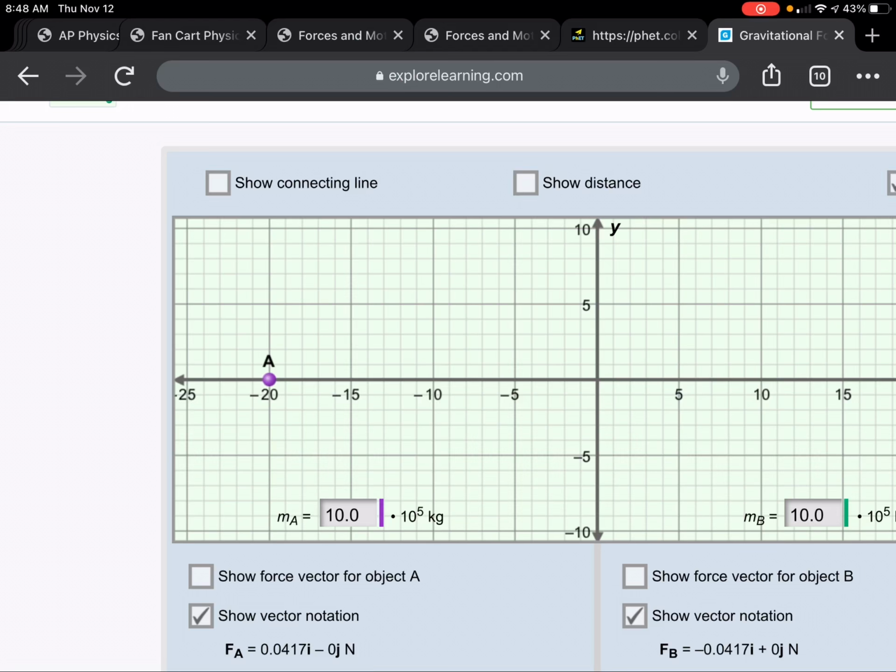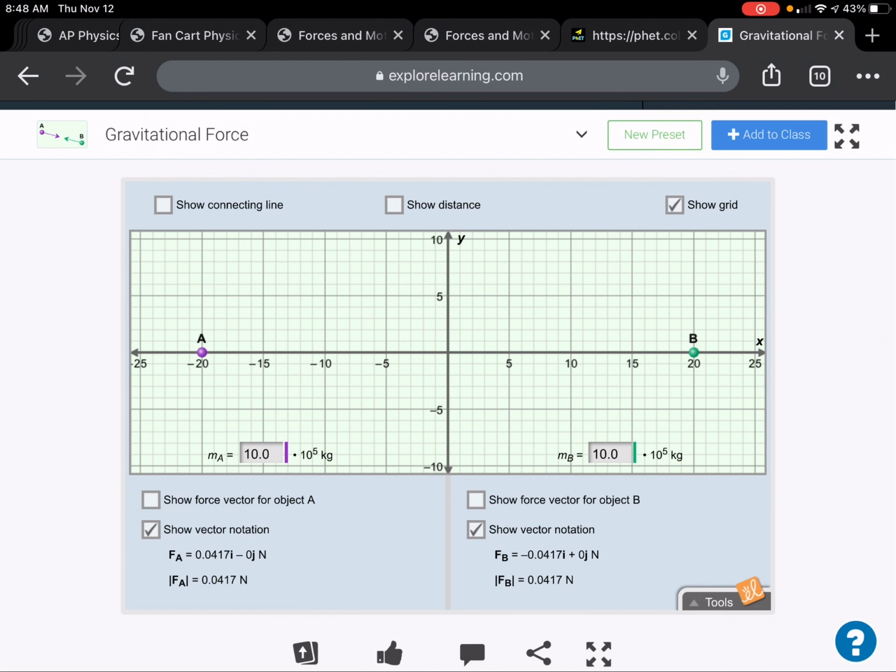The Show Grid button is in the upper right-hand corner. Okay, so now we see both masses. We see the grid. We can see that object A is by default at -20, and we can see that object B by default is at 20.